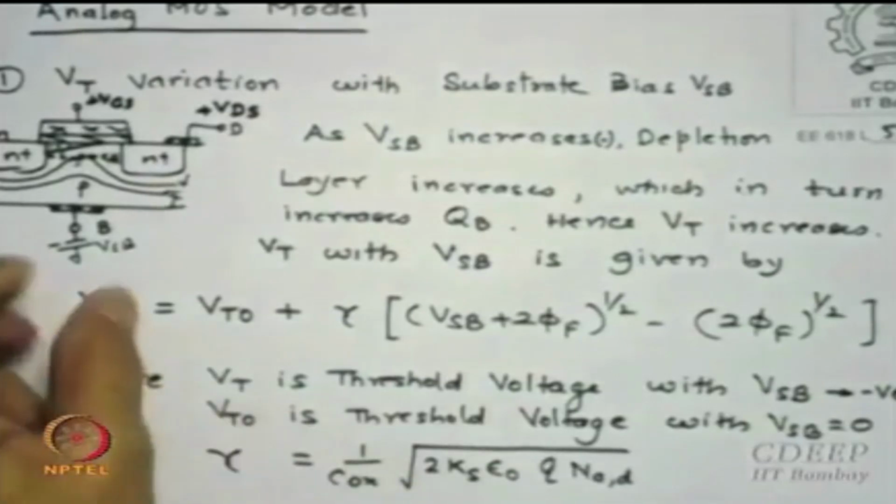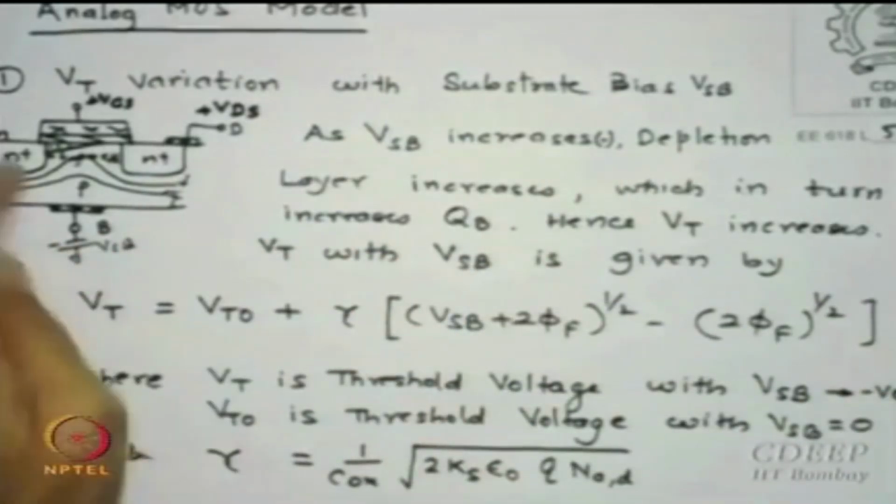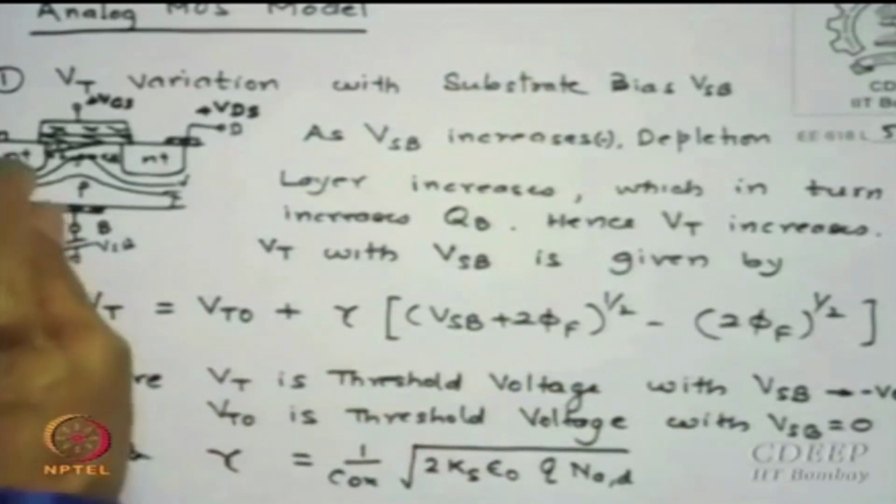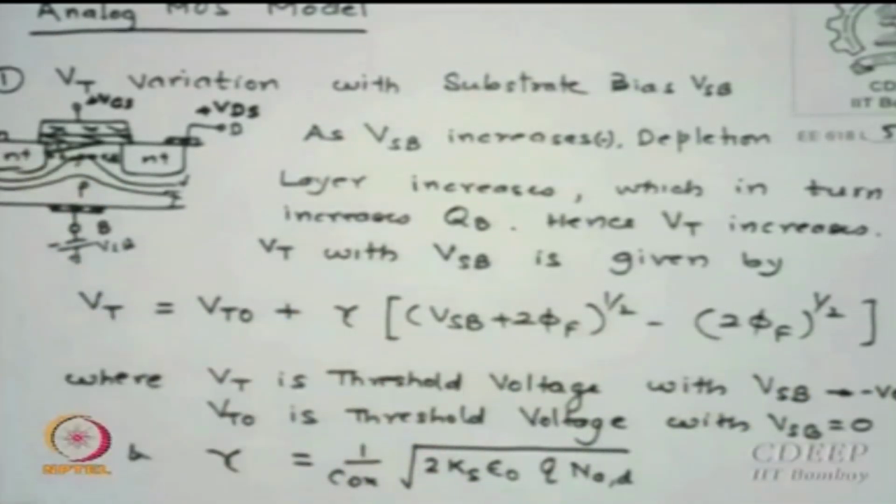If I apply a minus bias to the source substrate junction, there was already a depletion layer even at 0 bias, and if you apply reverse bias it will further enhance. On the drain side it already had a larger depletion because VDS was positive. With minus VSB it will be VSB plus VDS, so additional reverse bias is available at the drain substrate junction, and the depletion layer will be even further enhanced there.